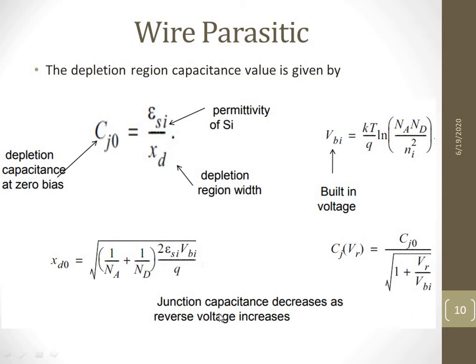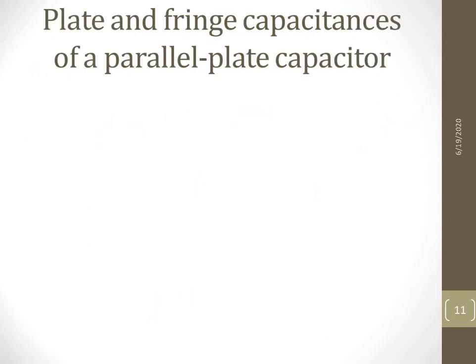This is the junction capacitance you can see here. CJ(VR) is Cj0, the depletion capacitance at 0 bias, divided by the square root of 1 plus VR by VBI. So junction capacitance decreases as reverse voltage VR increases.